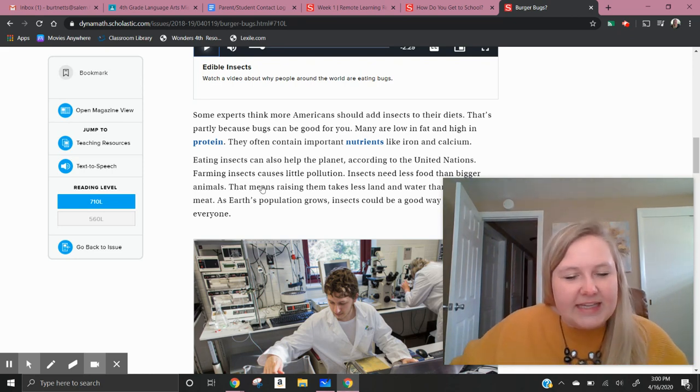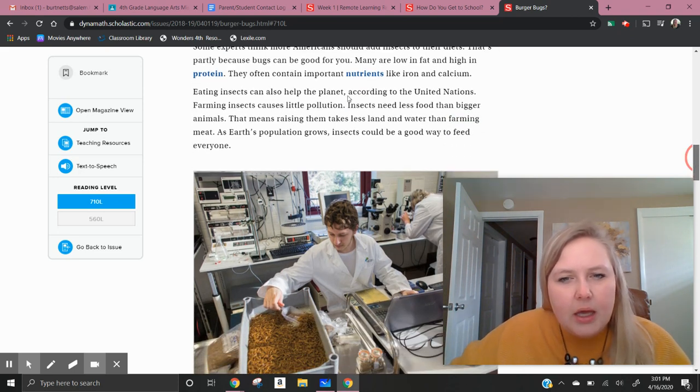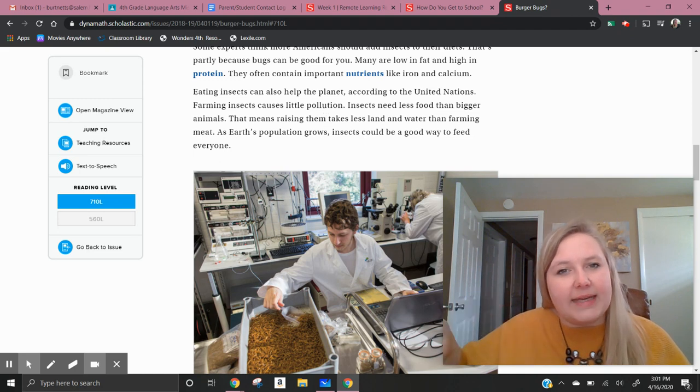All right, so let's see here. This says eating insects can also help the planet. That would probably be something we'd want to include. Farming insects causes little pollution. So that means raising those insects, like they do with cows and chickens.